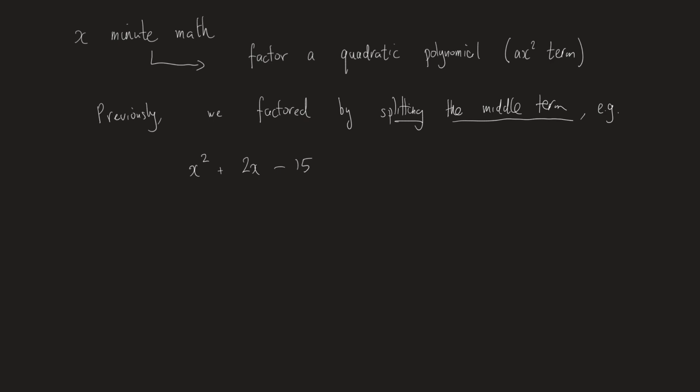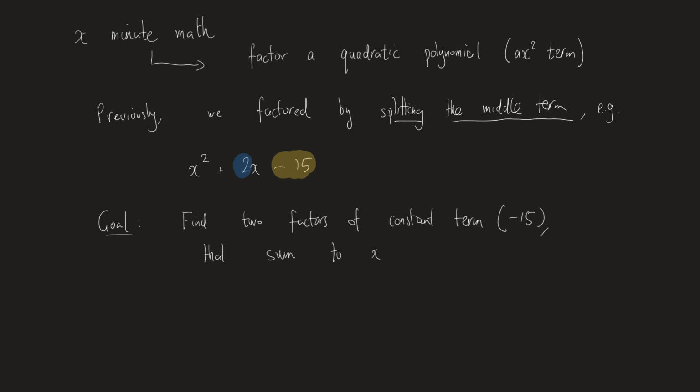So the game we play is we look at the constant term and the coefficient of x. And our goal is to find two factors of the constant term, in this case negative 15, that sum to the x coefficient, which in this case is 2.